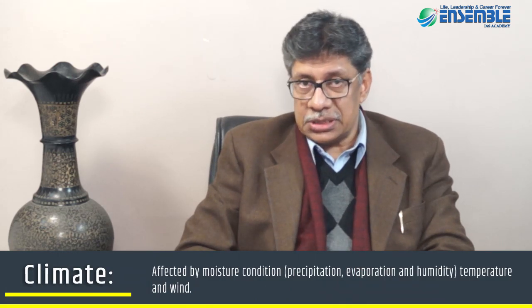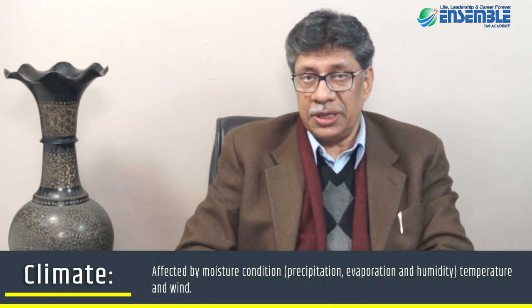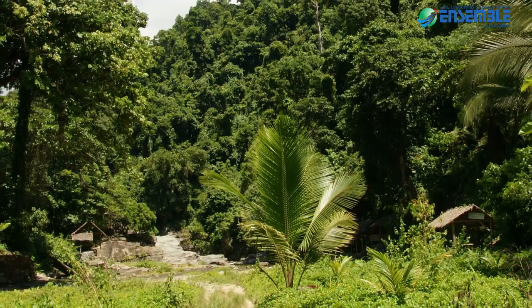Climate, which is the most important factor in soil formation, acts through moisture conditions, that is precipitation, evaporation, humidity, temperature and wind. These directly affect the formation of soils. Indirectly, climate has an overwhelming influence on the type of vegetation found in a particular region.